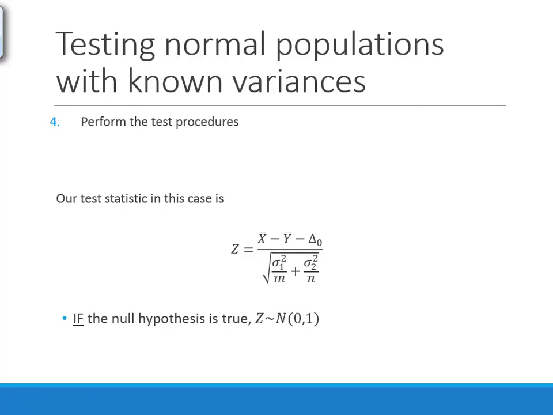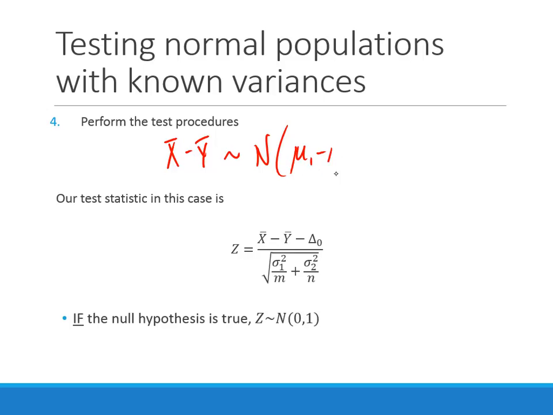Since my samples are independent here, and I found what my estimate is going to be, x bar minus y bar, and I already found the mean and variance of x bar minus y bar, and since the populations are normal, their difference is also going to follow a normal distribution. This goes back to chapter 5 again. Remember, sums or linear combinations of normal random variables are also normal. So this has a normal distribution.